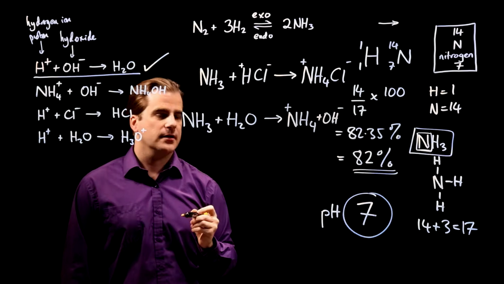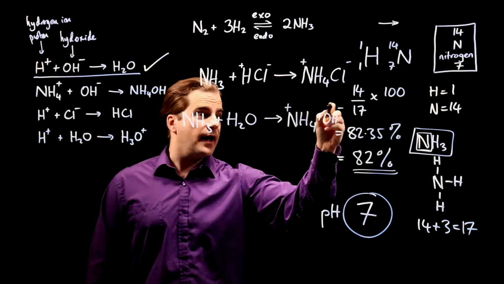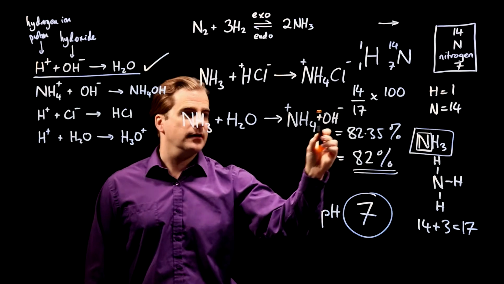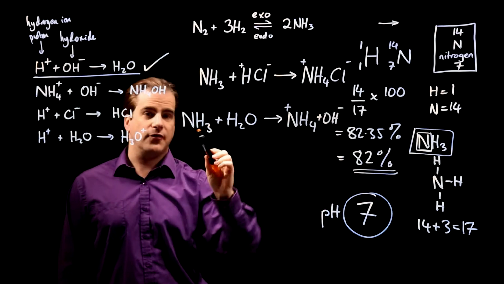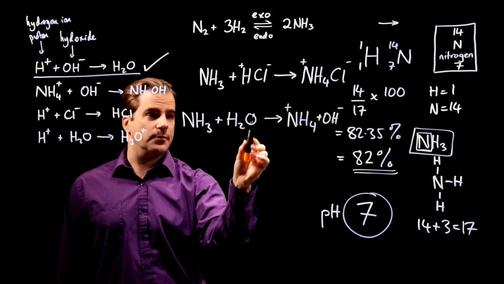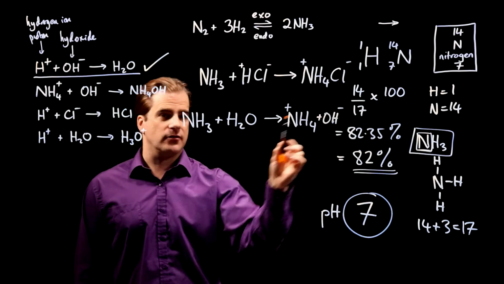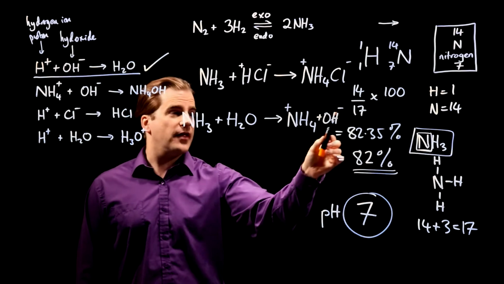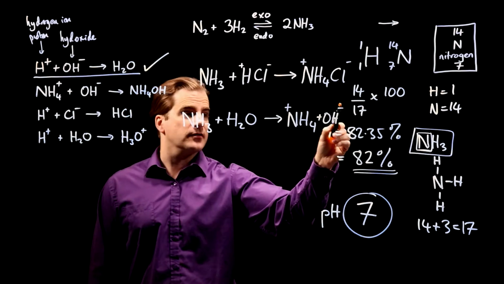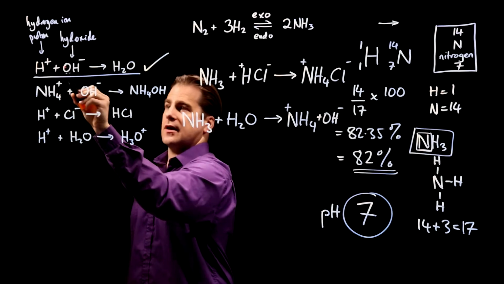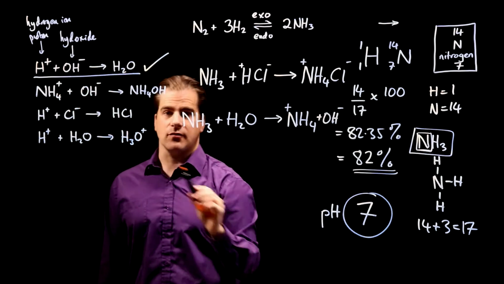Okay? And now we've got our hydroxide ion. So before adding acid, if you've just got pure water and you add ammonia, it will form ammonium hydroxide. And that is our alkali, because like we talked about, you need a hydrogen ion and a hydroxide for a neutralization reaction.